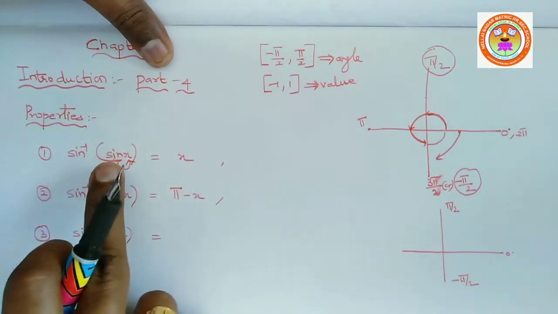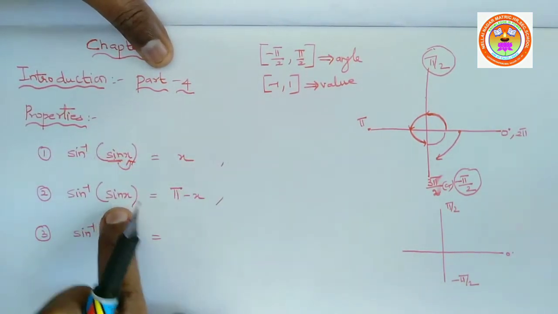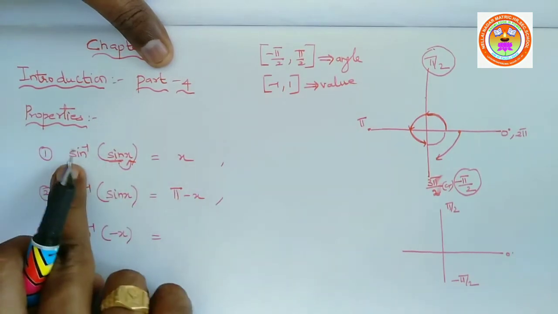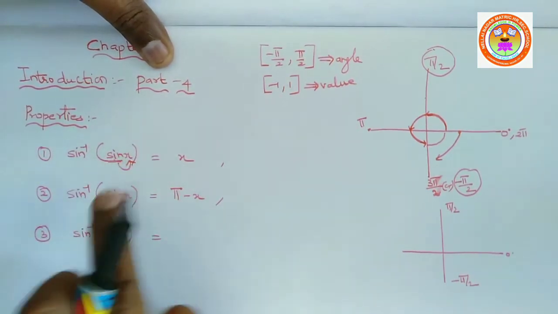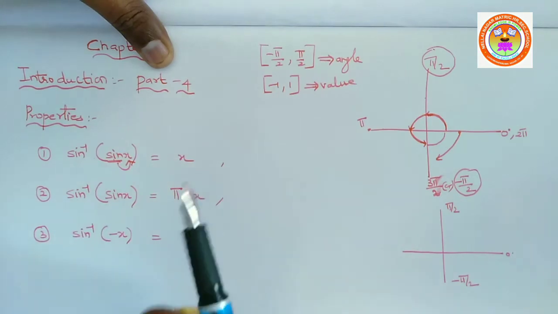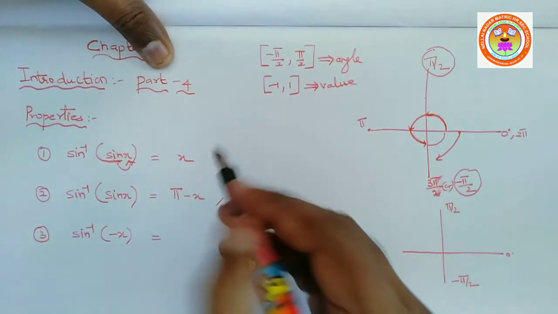You see, sin inverse of sin x is x. Sin inverse of sin x is pi minus x. The question is the same, sin inverse of sin x, but the answer is different. One answer is x and another answer is pi minus x.